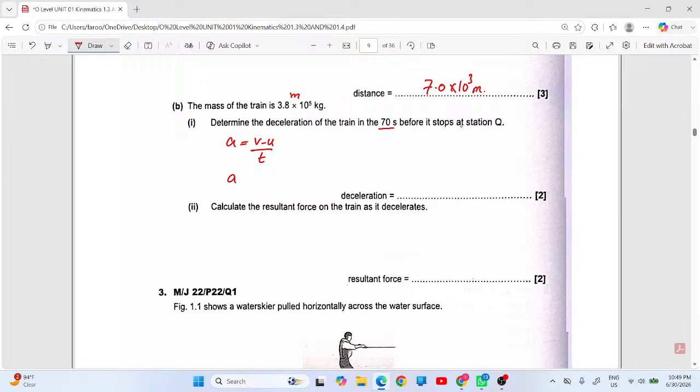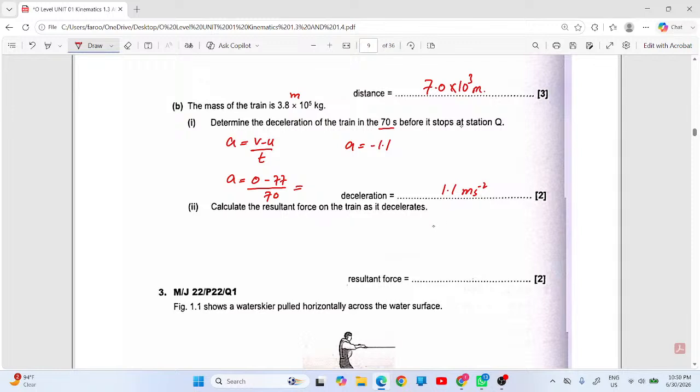Final speed becomes 0, initial speed is 77, which we found above, and the time is 70. Check what answer you get: minus 77 over 70 gives minus 1.1. Since we just have to write the deceleration, it is 1.1 meters per second squared.